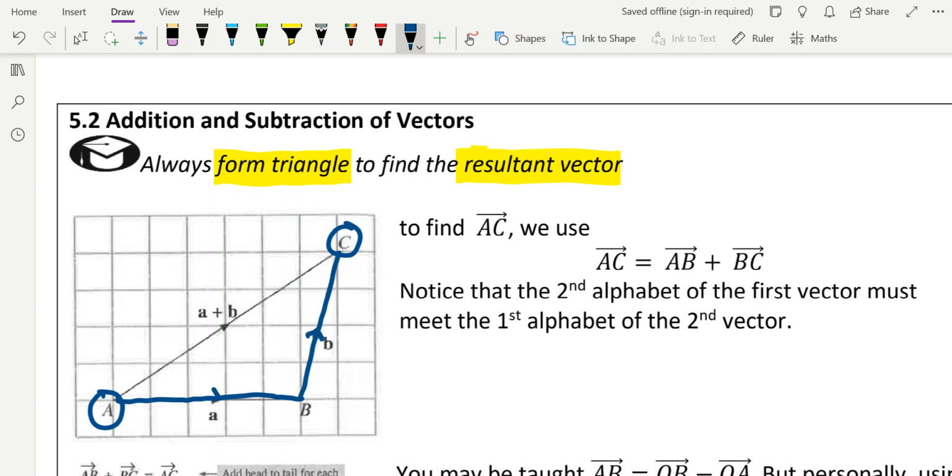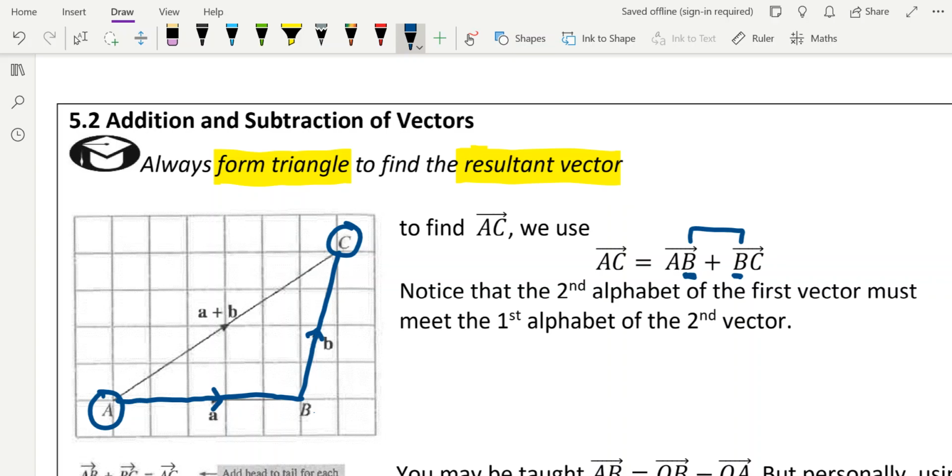So these two arrows are like the longer way to get from Ang Mo Kio to Chinatown. Ang Mo Kio to go to Bishan first, then Bishan to Chinatown. That's why you see AC is equal to AB plus BC. I must go to Bishan first, then from Bishan I take another train to Chinatown. So the middle two alphabets must tally.